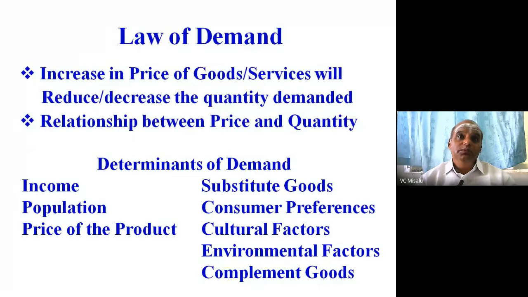Today it is a want-based society. ஒரு கலாச்சாரம் மாறி போயிட்டது. டிமாண்ட் அதிகமாயிட்டது. If the society is need-based, demand will be limited. If the society is wants-based, demand will be maximum.